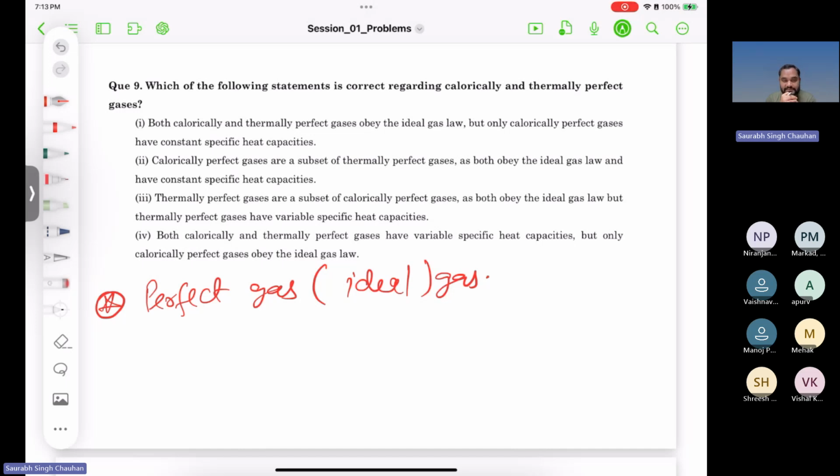So that is our ideal gas, and it does follow the ideal gas equation. But since particles do have a finite size and they do interact among themselves, the ideal gas equation needs to be modified, and that modified equation is called the van der Waals equation. There are a lot of other equations as well, but the van der Waals equation is most widely used.